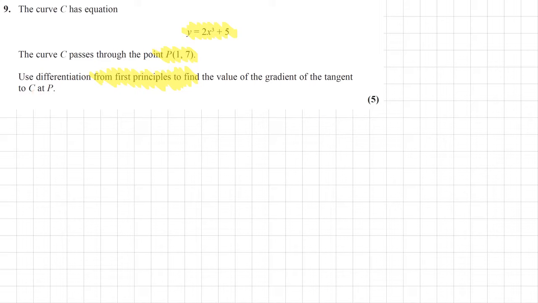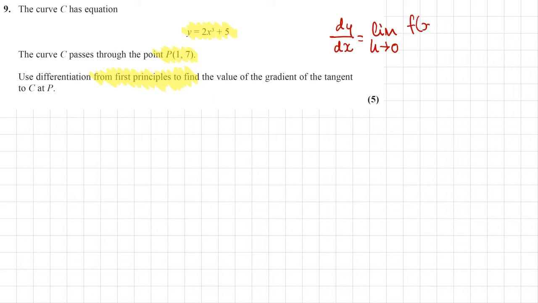So the first thing, let's remind ourselves of the formula for first principles. So f dash of x, or dy dx, since we're using dy dx. So dy dx is equal to the limit as h tends to 0 of the change in y over the change in x.